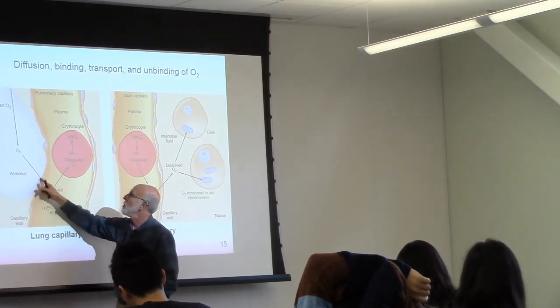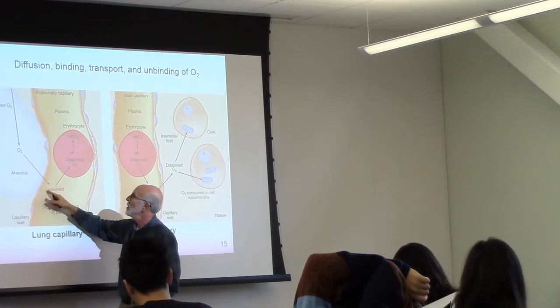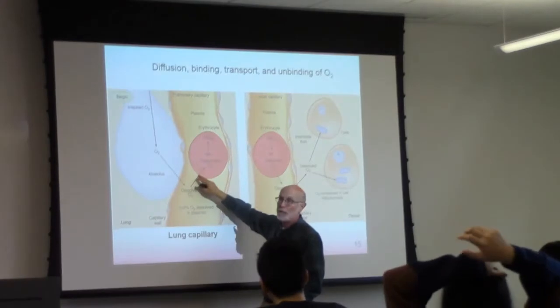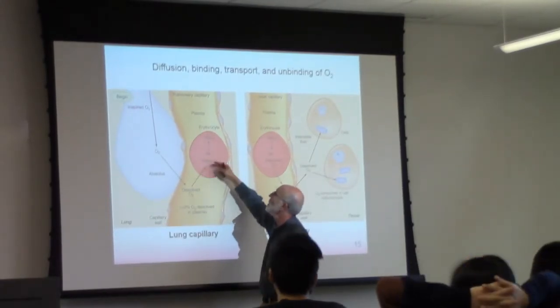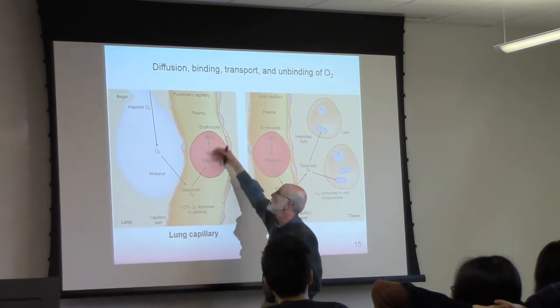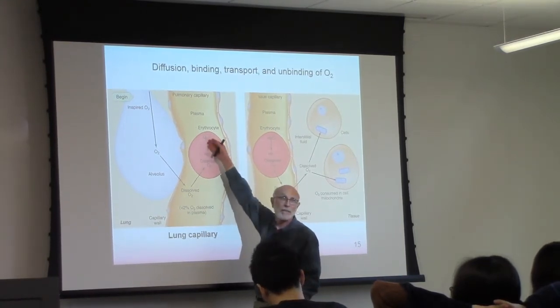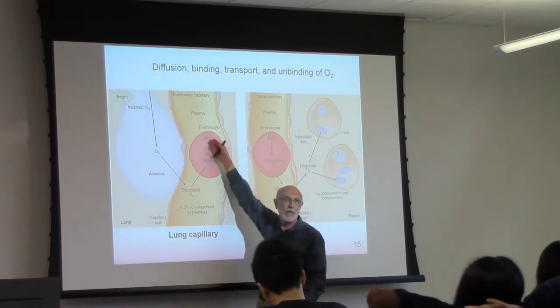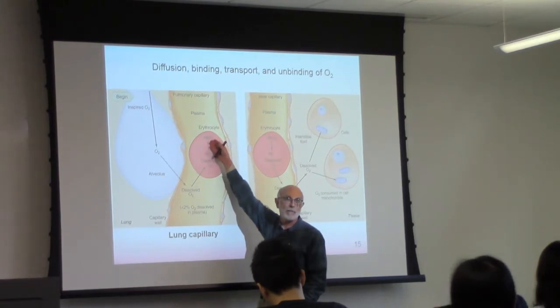Diffusion, type 1 cell, endothelial cell. Diffusion through the erythrocyte surface membrane. Diffusion, binding to hemoglobin. Most of it, 99% of it. Again, I wouldn't ask for the 99%, but I might ask, just in this case, most of the oxygen is bound to hemoglobin.